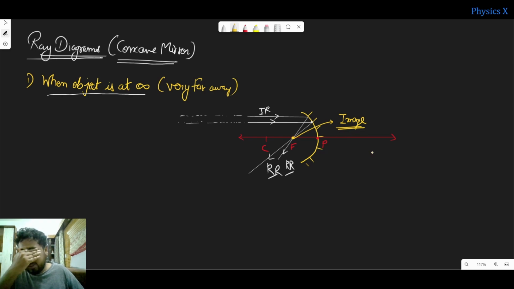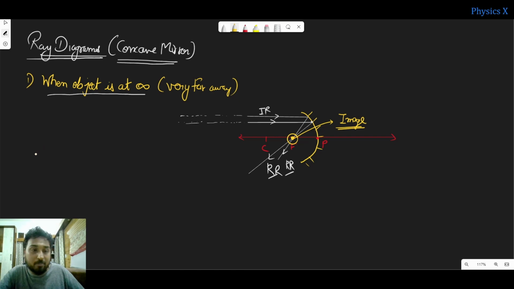If the object is placed at infinity, that is very far away from this concave mirror, these rays will be coming like this and they will be meeting at a point. What should the size of the image be? These reflected rays are meeting at a very small range of distance, that is, they are meeting at the focus point. So you can see that the size of the image will be diminished.